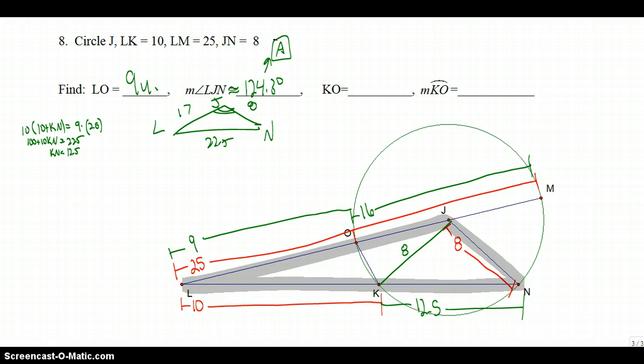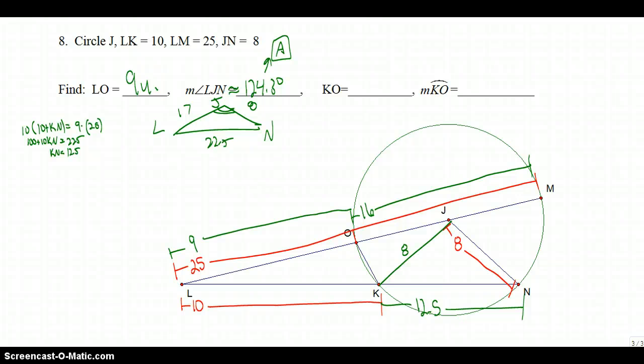Store that in your calculator as a variable, because the next thing we're going to need to find is the length of segment KO as well as the measure of arc KO. This entire angle is 124.3. However, if I want to focus on a smaller triangle, which would be this one, I could use law of cosines in order to find the measurement of angle KJN. 12.5 squared equals 8 squared plus 8 squared minus 2 times 8 times 8 times the cosine of this angle.